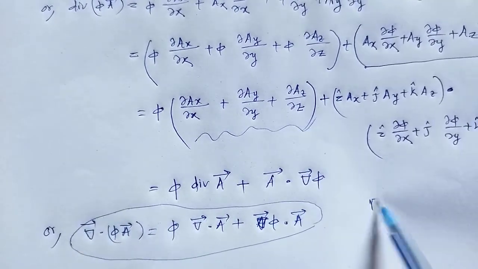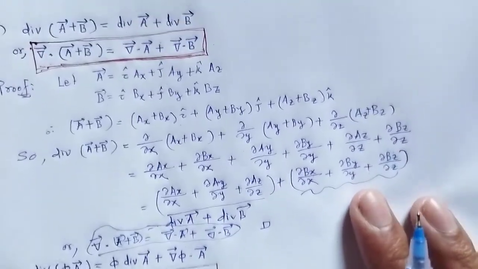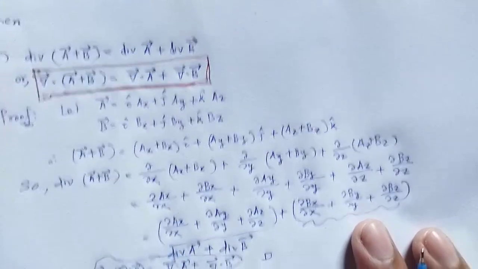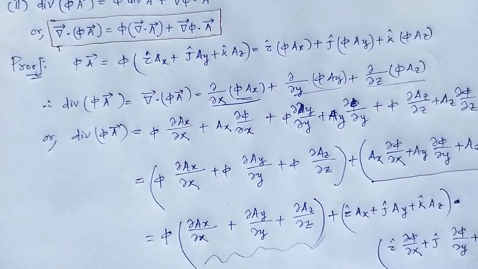This is proved. As a result, we have proved two identities of divergence of a vector function. By using these two identities, we can solve many problems regarding the divergence of a vector. Let us write the question and find its solution.